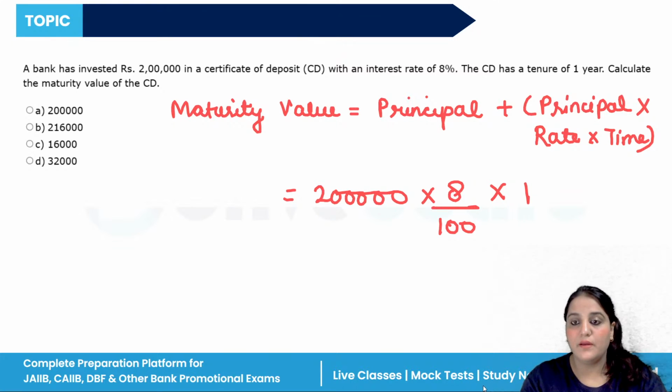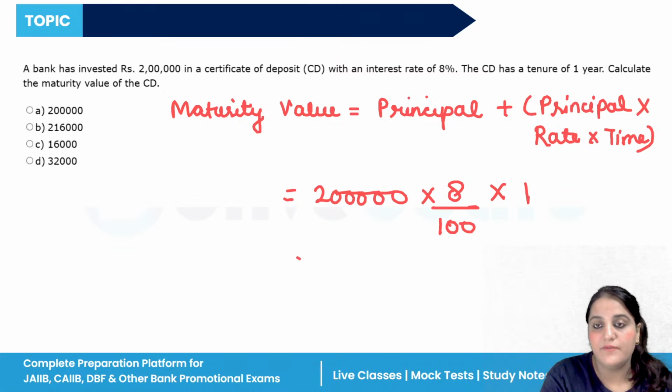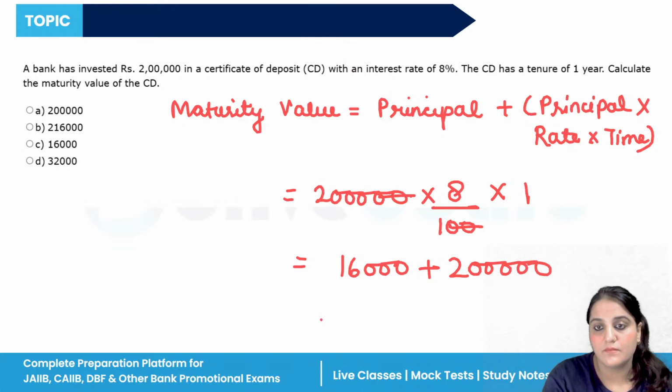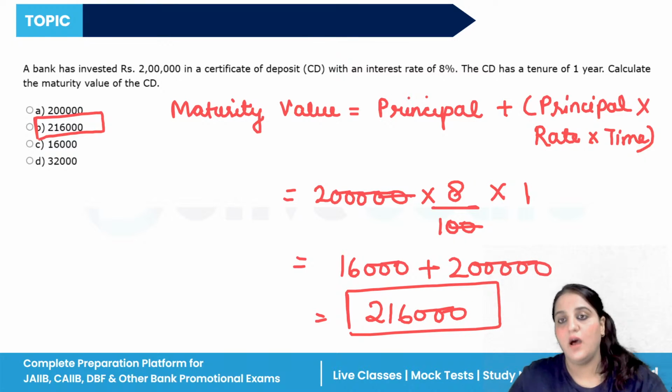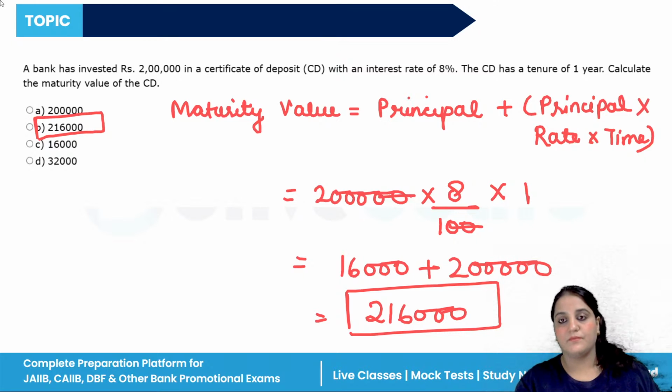So here we can say it is 2,16,000. That is the answer. Got it?